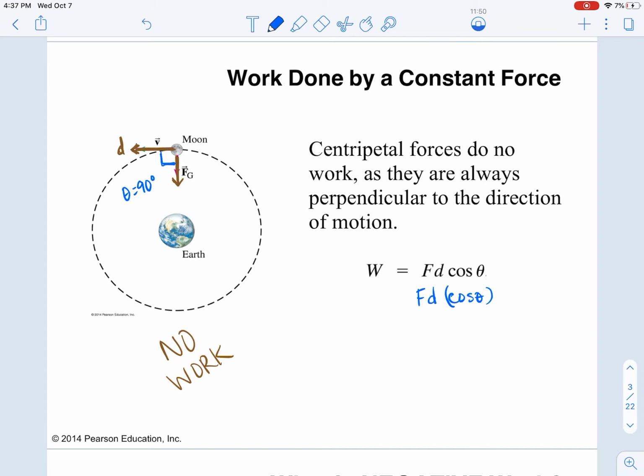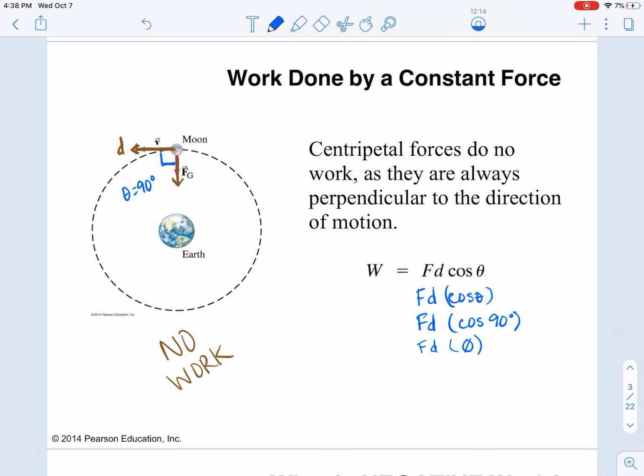However, I want you to understand how the formula relates, okay? So if we understand that the angle between these two vectors is 90 degrees, then we would say that it's force times the displacement times the cosine of 90. And the cosine of 90 degrees turns out to be a value of 0.